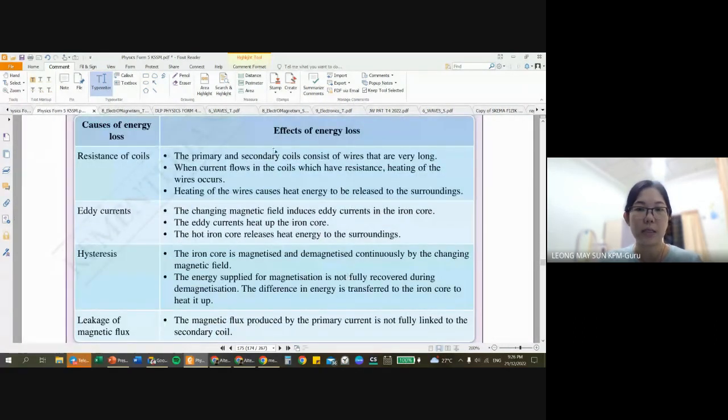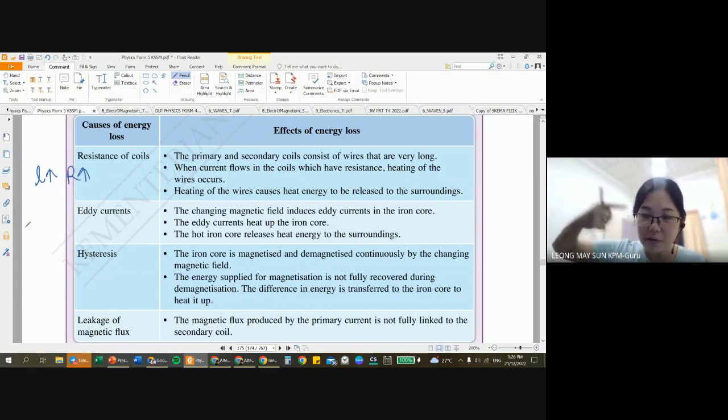Okay, these are the causes of the energy loss. Number one, resistance of the coil. The coil is made out of wire. When it's made out of wire, the longer the wire, the higher the resistance. So the more the number of turns, even though yes, it creates more induced current, the more number of turns also means the longer the wire is.